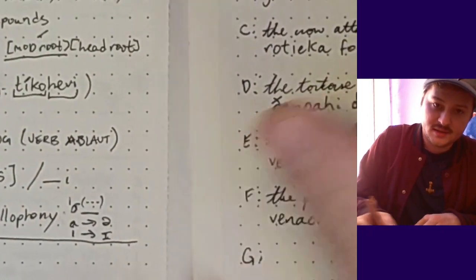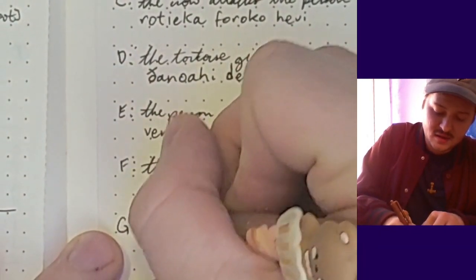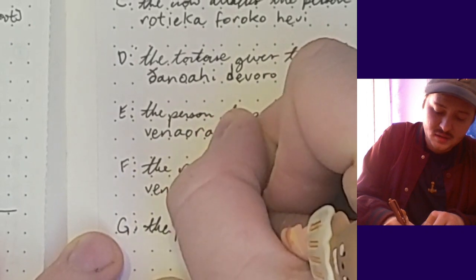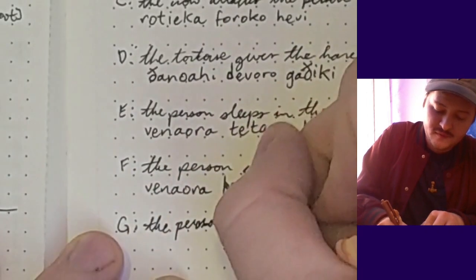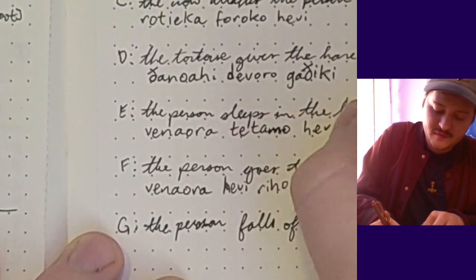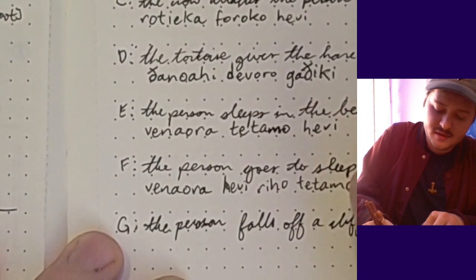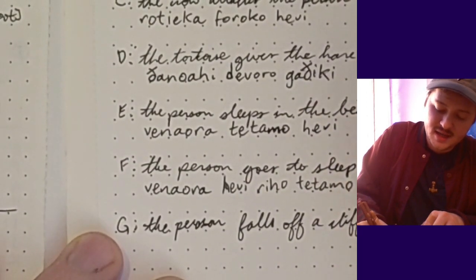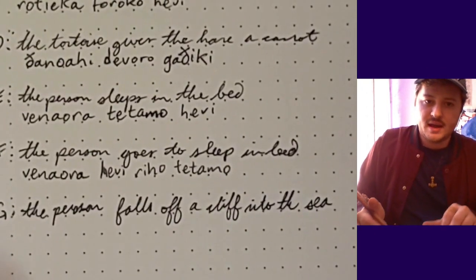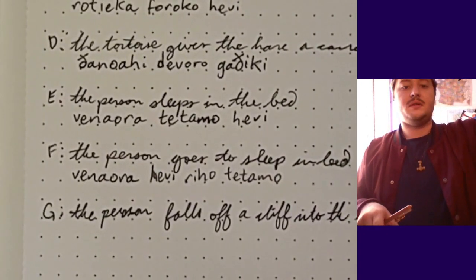So let's write the sentence. The person falls off a cliff into the sea. All right, and maybe I should zoom out just a tad.